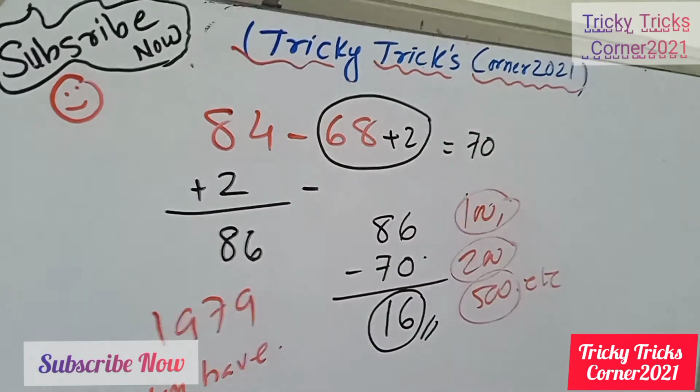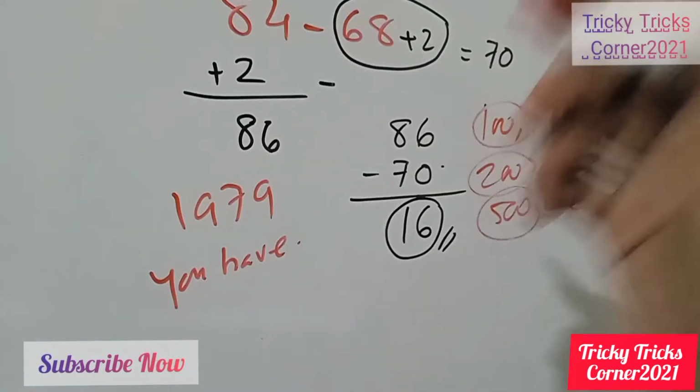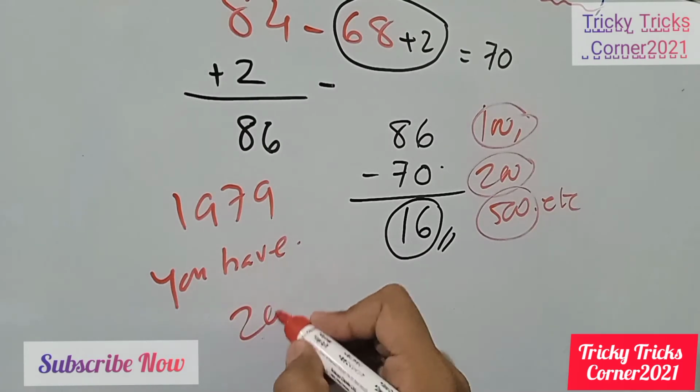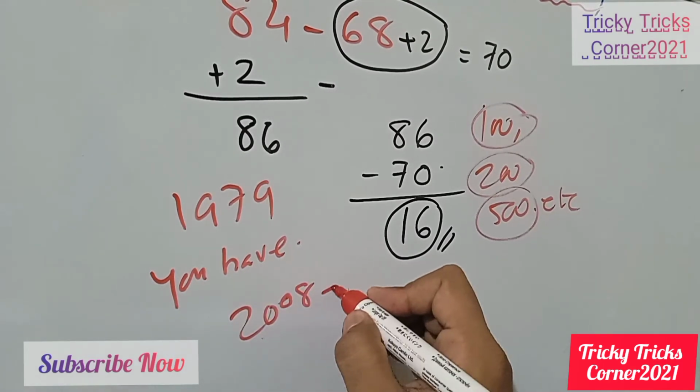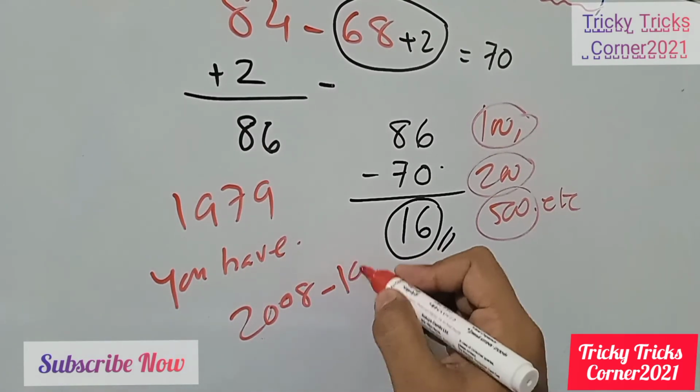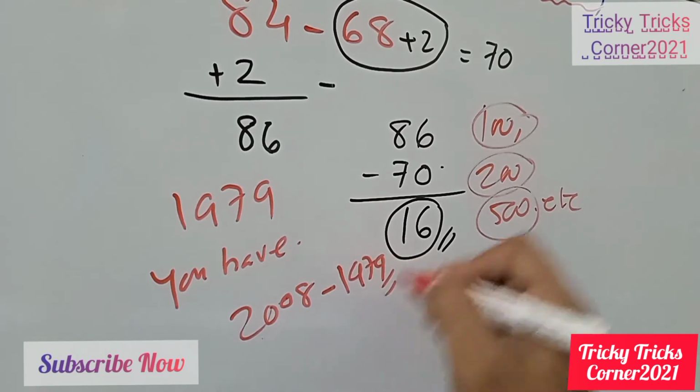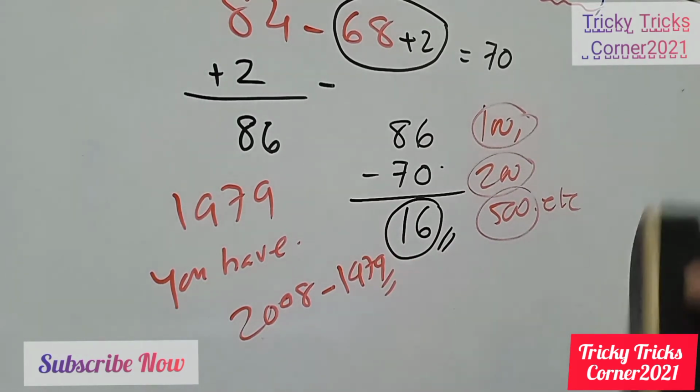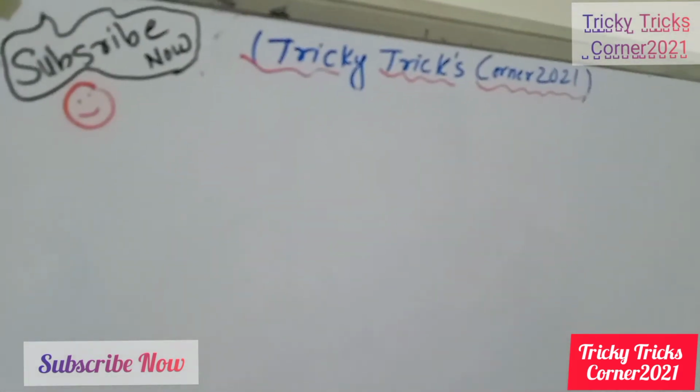Right now I have supposed this particular value: 2008 minus 1979. Now how to proceed? I am giving you the complete idea of how it is going to be solved and how the trick will be applied.